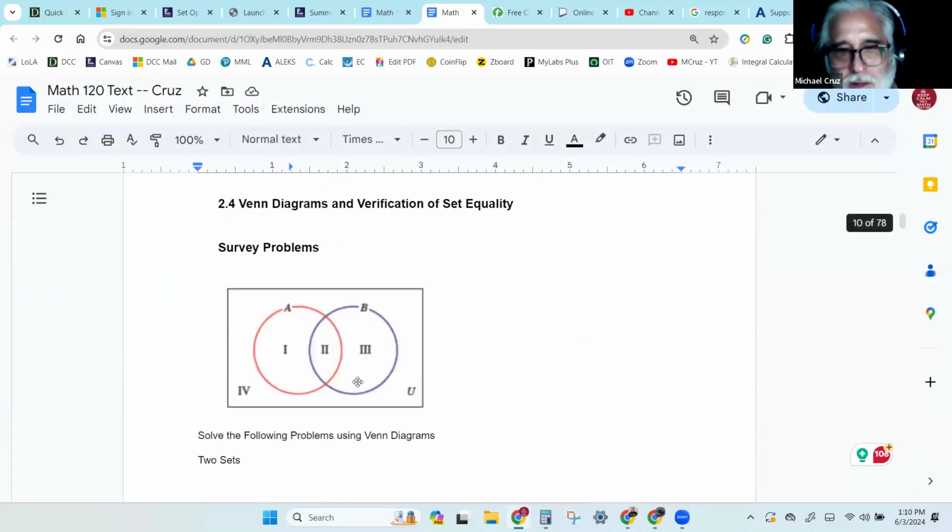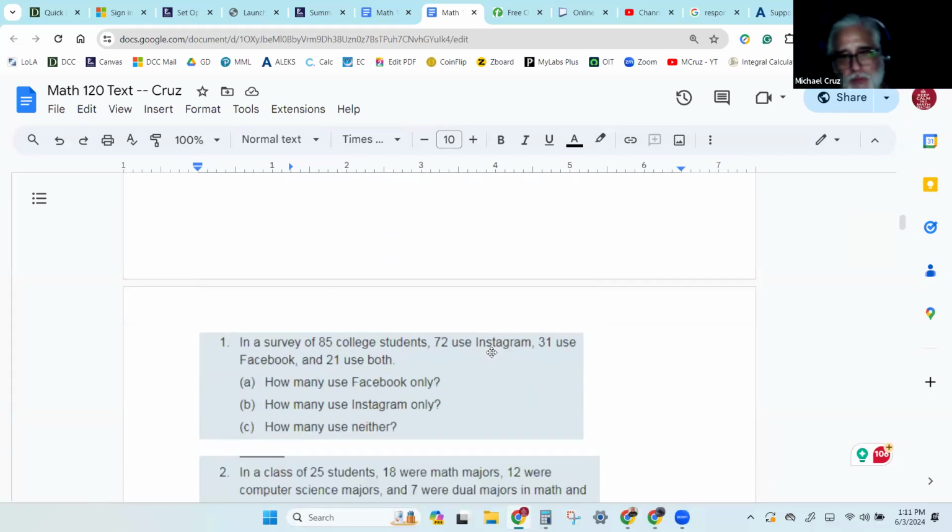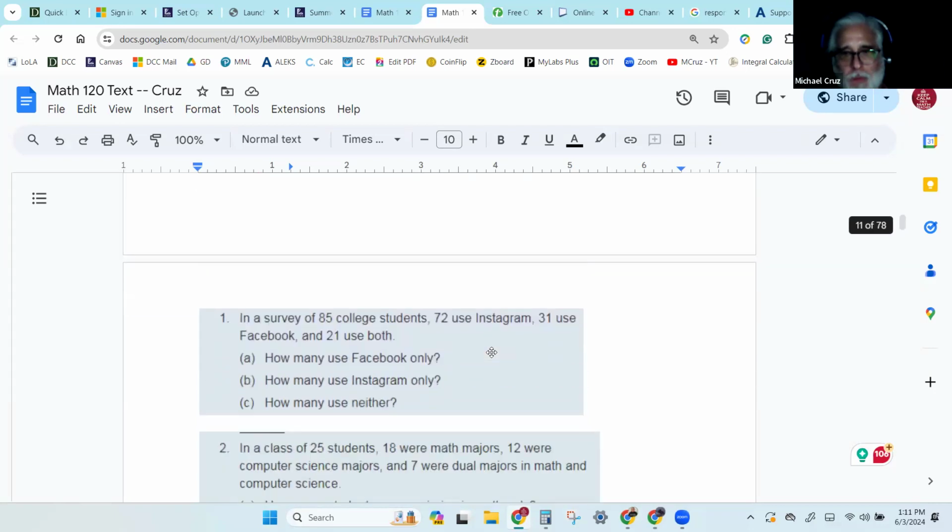All right, so let's talk about a survey problem. Now, a survey problem is just an application of the set theory stuff. So again, we're looking at this kind of thing like this, where it'll start with a two set Venn diagram.